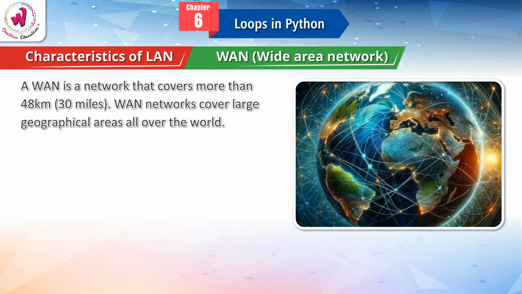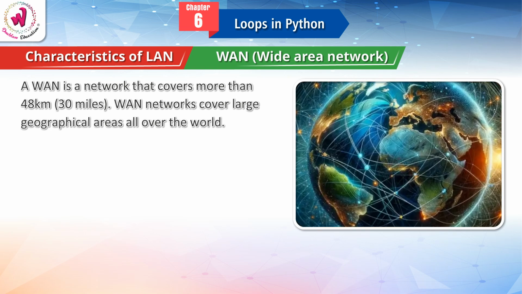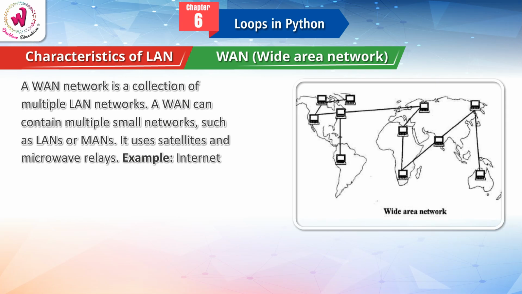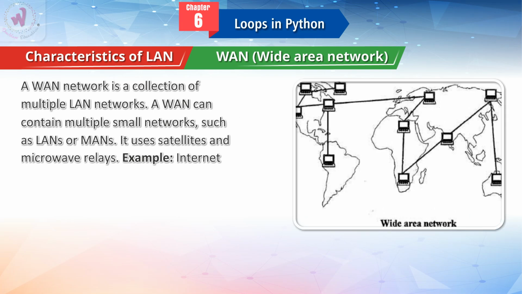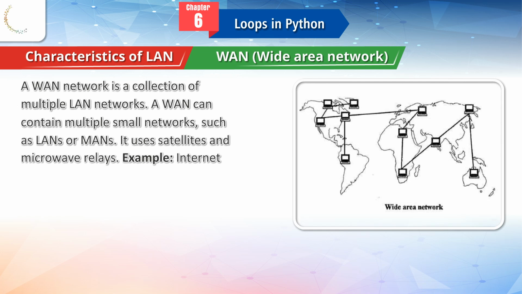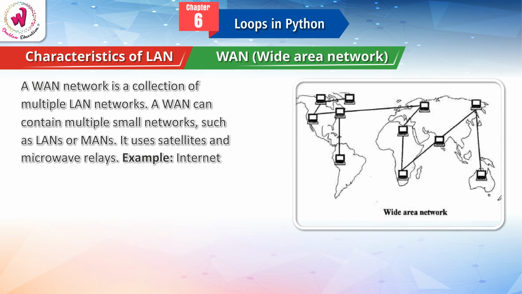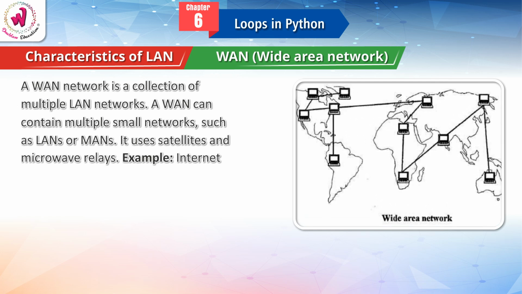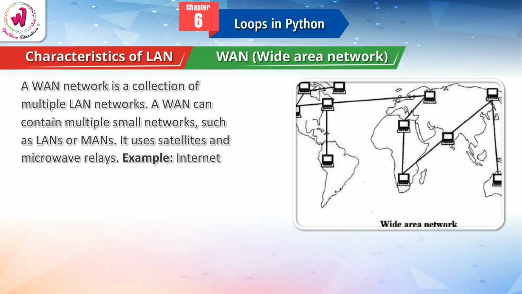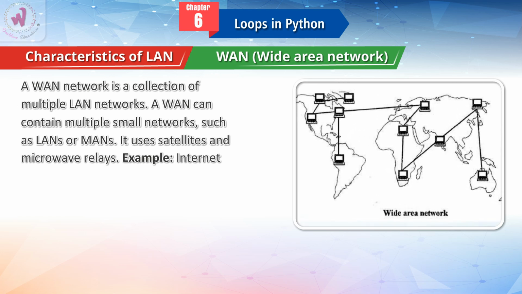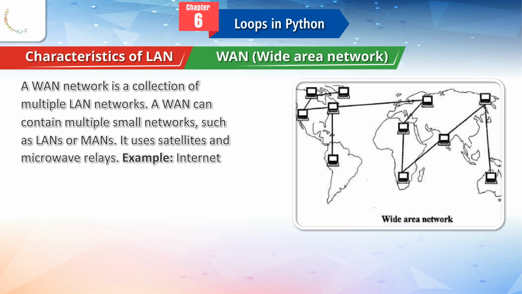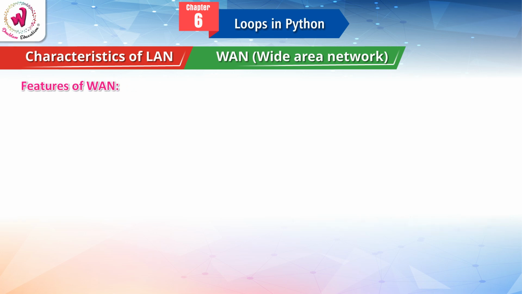WAN networks cover large geographical areas all over the world. A WAN network is a collection of multiple LAN networks. A WAN can contain multiple small networks such as LANs or MANs. It uses satellites and microwave relays. Example, Internet.